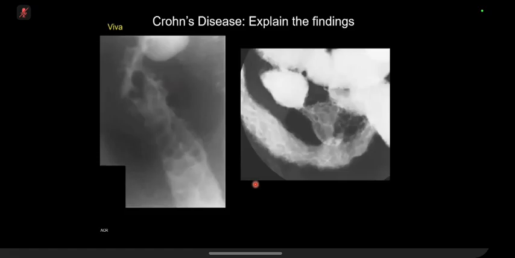So I'm presented with spot films of barium enema or follow through, which I cannot make out on these images. So there is abnormality seen involving the bowel loop, which appears to have thickened folds, irregular mucosal irregularity, and multiple outpouchings outside the lumen, which may represent multiple aphthous ulcers.